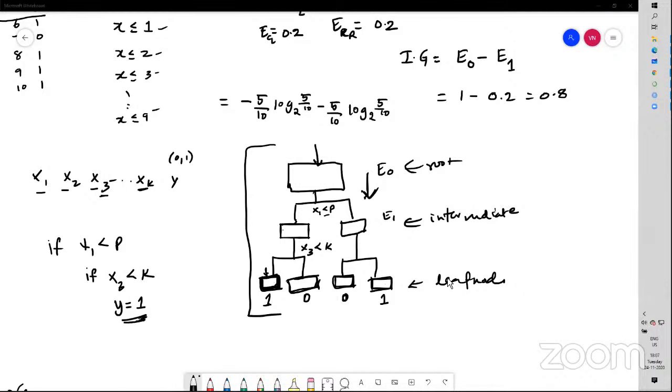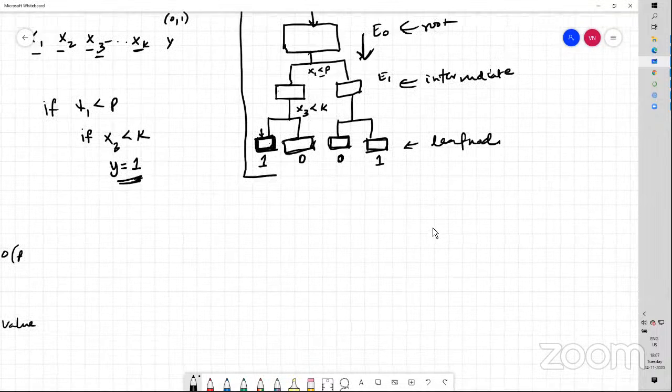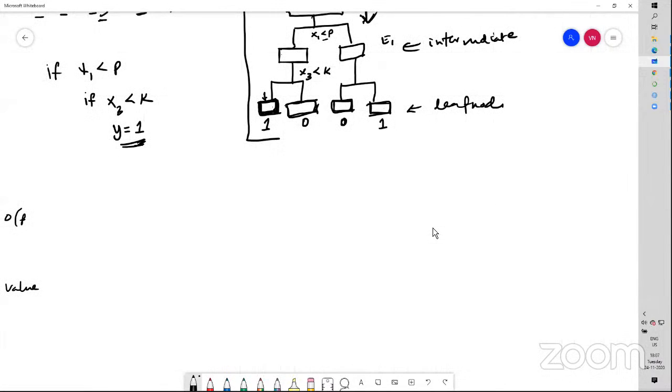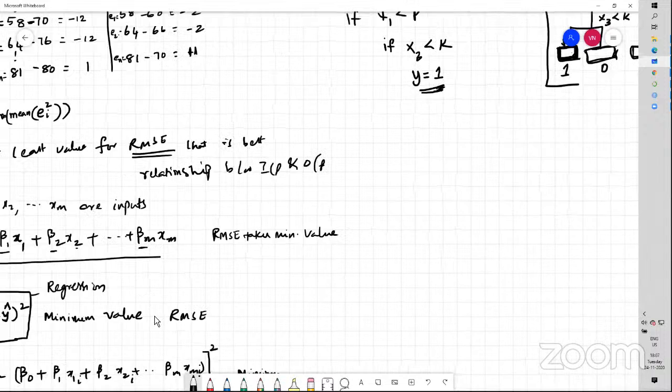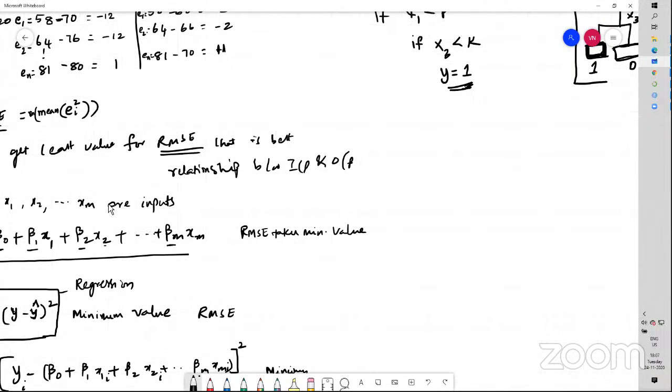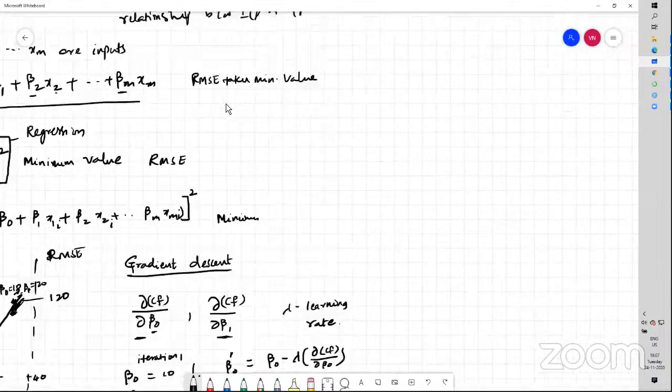Okay. Then we need to also see how good this model is. Similarly here, to see how good our learning is, we need to have test data.